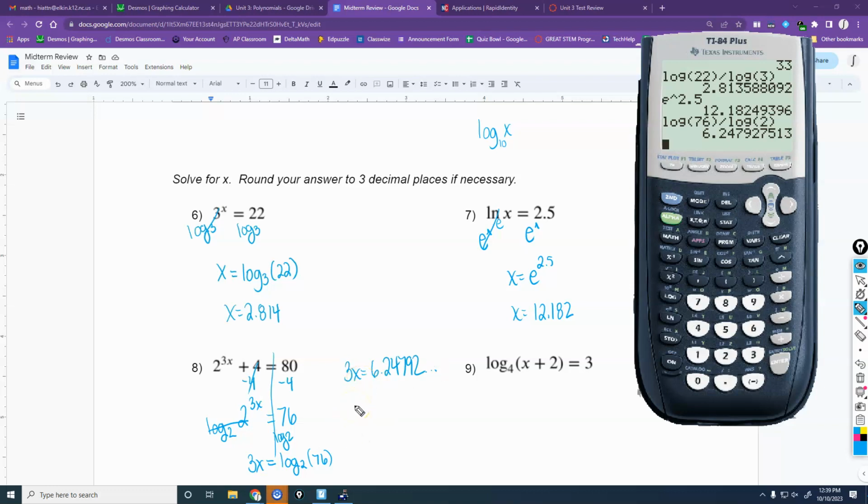Last thing on this, because we got a 3, what should we do, Laura? Okay, you do actually divide right here, because that's just 3 times x. It's not 3 like to the x power. So we do just divide on that one. And so if we divide over here by 3, we're going to get 2.083.